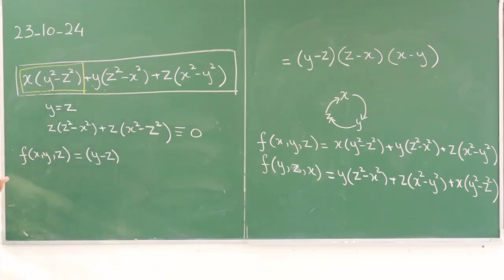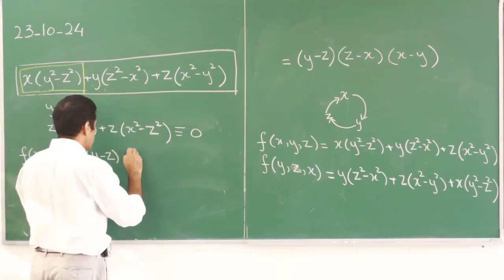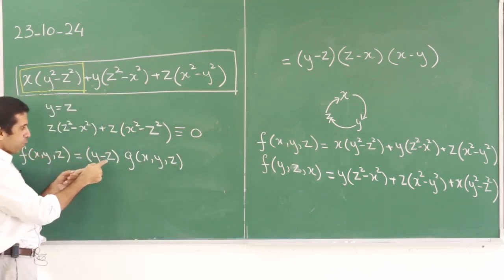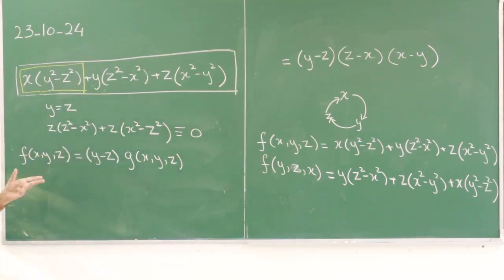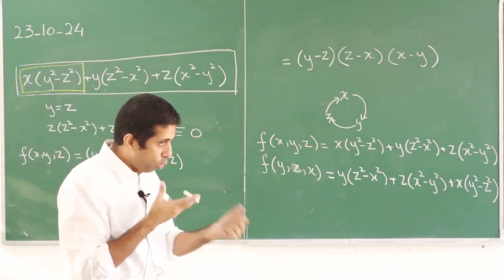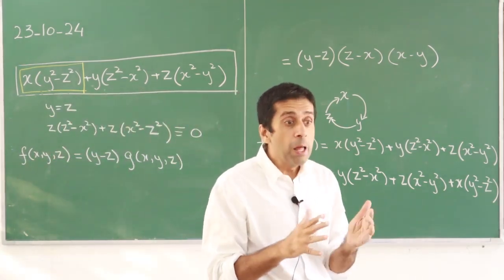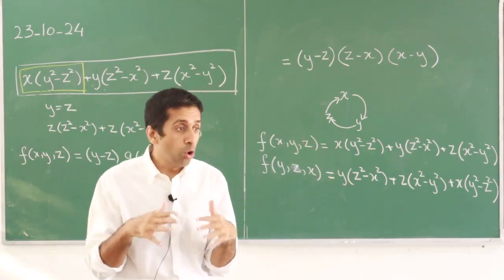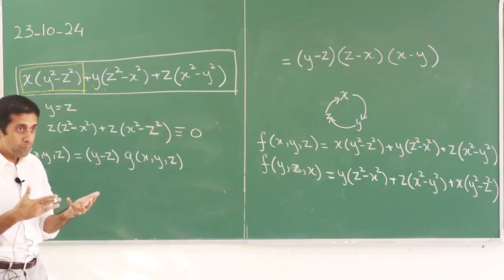I don't know which should come, because there will be something else in front, some other g of x y z. So y minus z or z minus y is irrelevant, because when I put y equal to z, this polynomial is going to go to 0. Do you understand? So this indicates that in the factorization of this polynomial, y minus z or z minus y, they differ by a sign, no difference, must be a factor in any factorization of this polynomial. Is this clear?